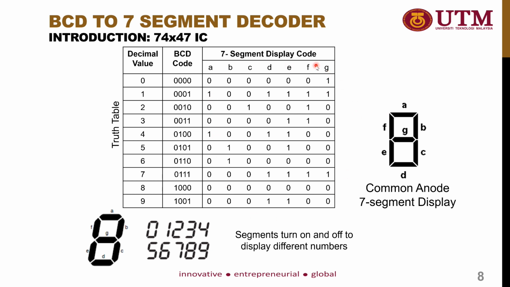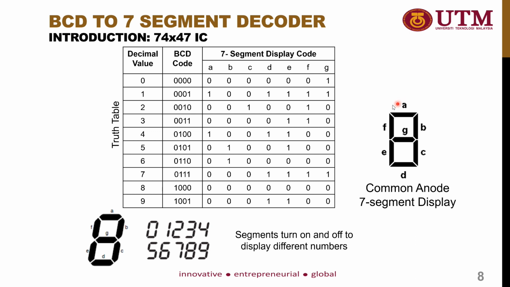In order for you to know what BCD codes represent the decimal value, you can just convert directly the BCD number to the decimal number. For example, BCD 0001 represents decimal value 1. So for this BCD, it will display number 1 inside the 7-segment display.